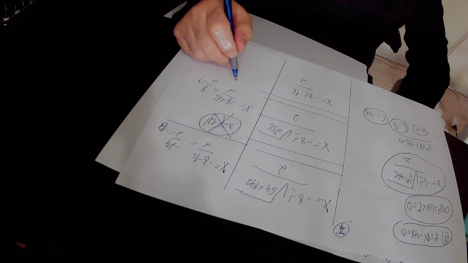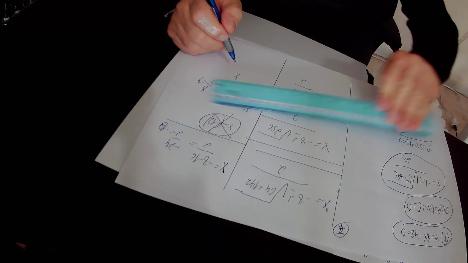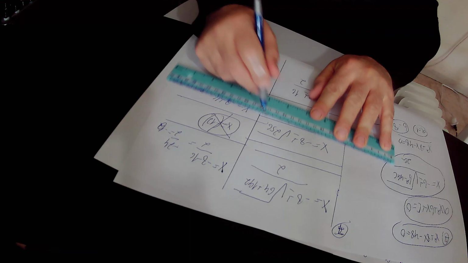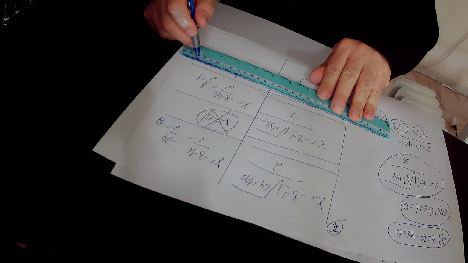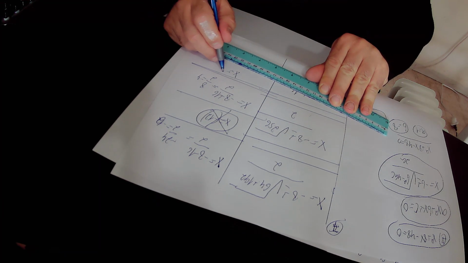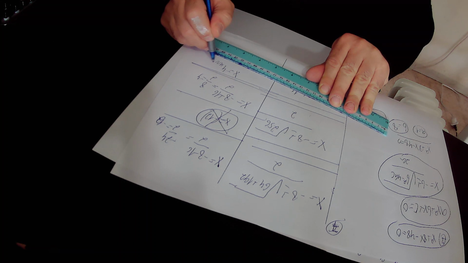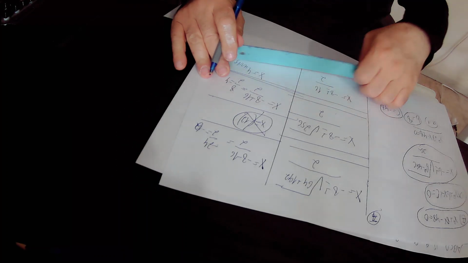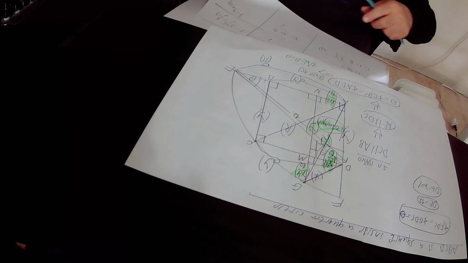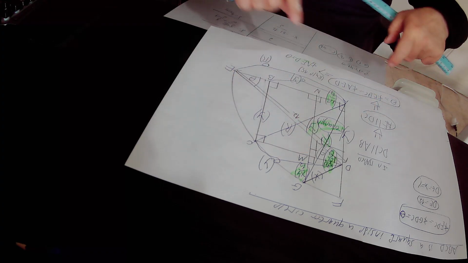So we found out that x equals 4 units in length. Again, x is the length of line GD.